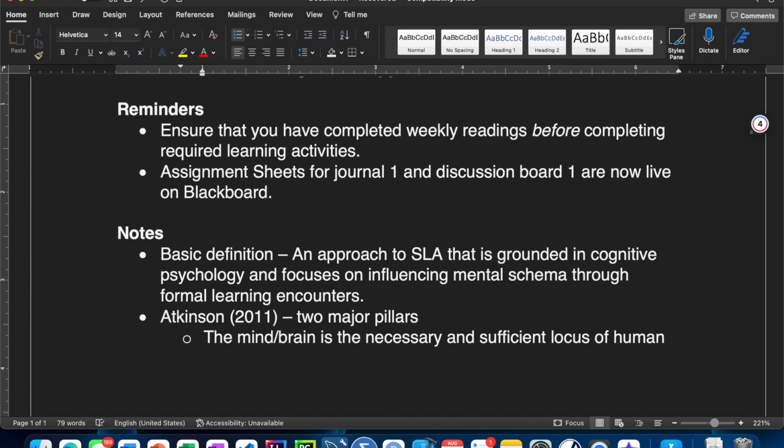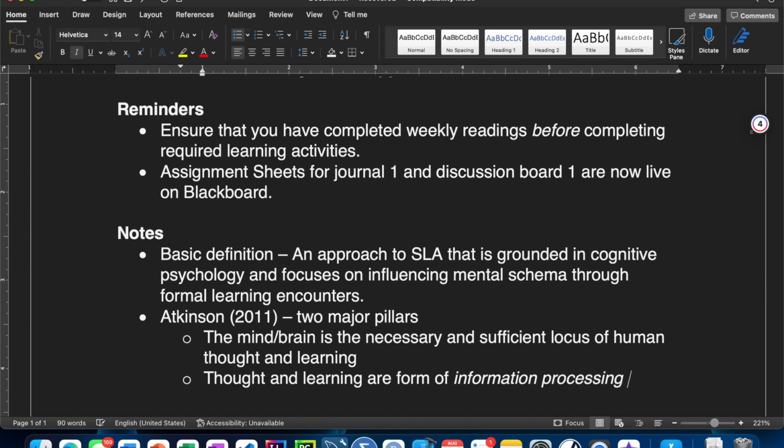The second pillar of all cognitive frameworks, then, is that thought and learning are a form of information processing. Right.